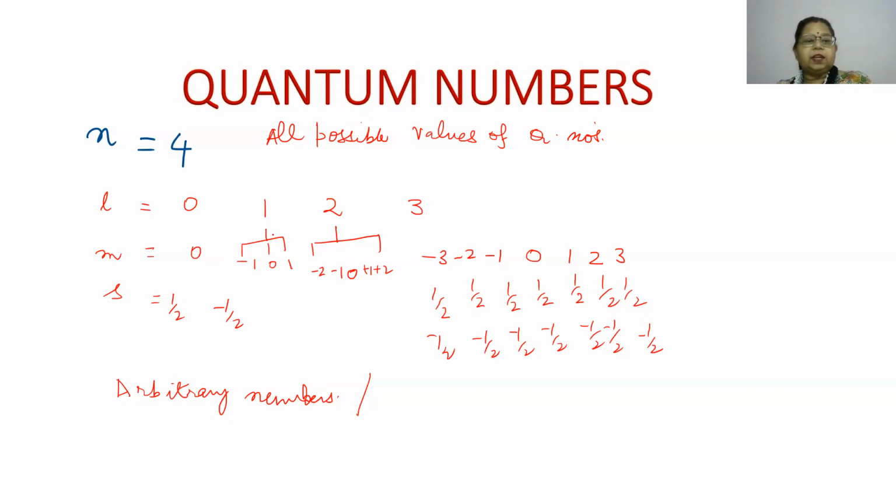If I talk about L is equal to 0 in this particular case, azimuthal quantum number, what is it doing? It is signifying s orbital. I believe you know that. But what is this 0 signifying here? In magnetic quantum number, what is the significance of this 0?